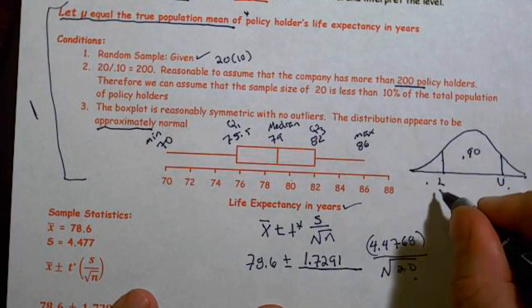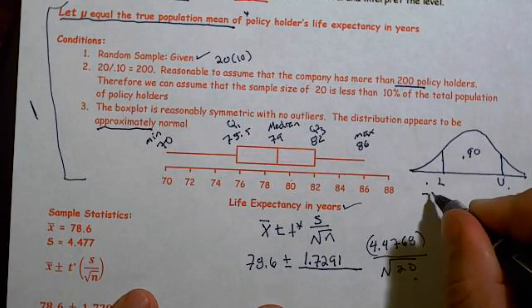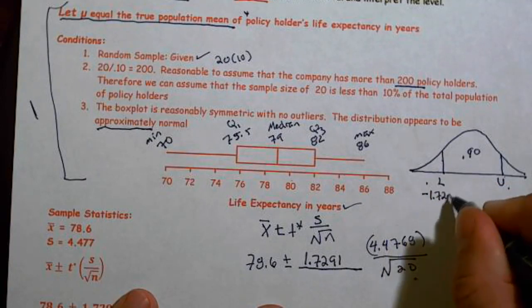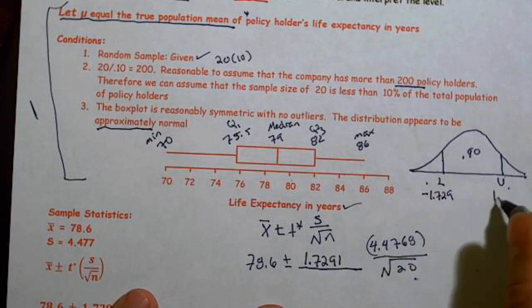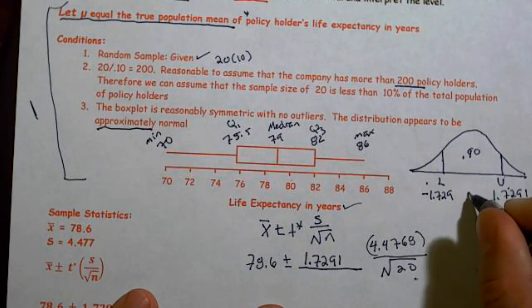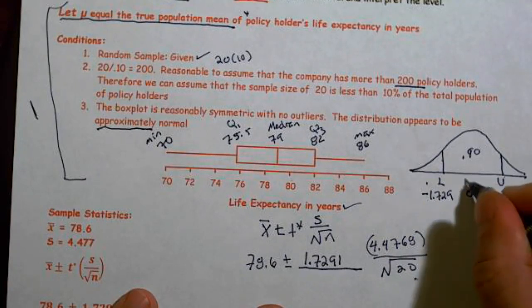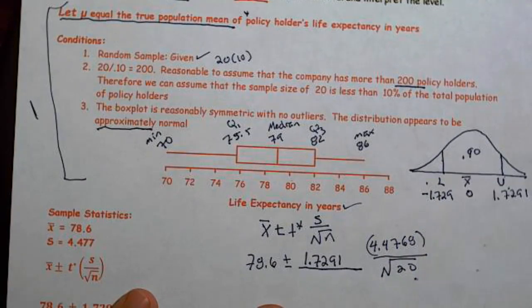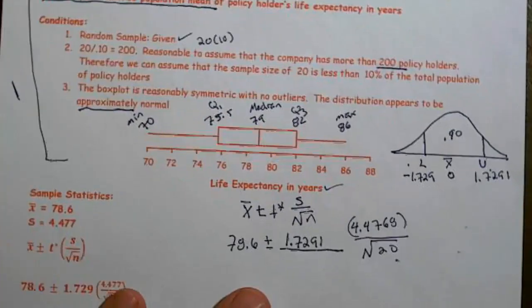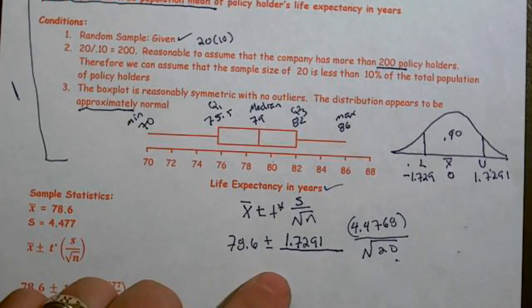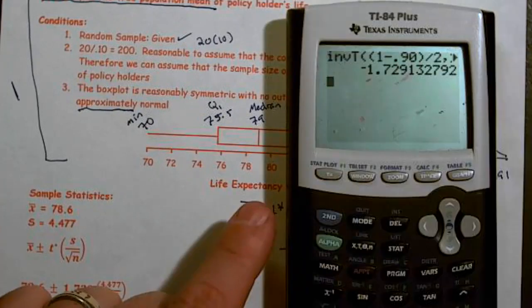We just calculated a t-statistic of negative 1.729 and an upper of 1.7291, because remember the t-distribution is centered on 0. And this is my x bar, this is my mean. And now we're actually going to go and calculate the interval. Well, I can do this mathematically, by algebra, or the calculator is very, very friendly.